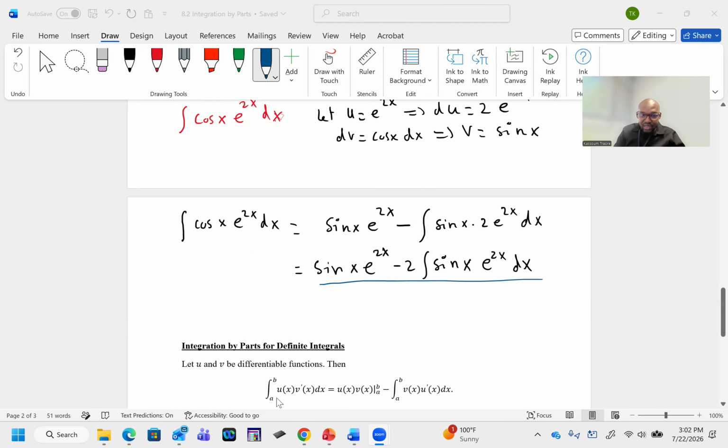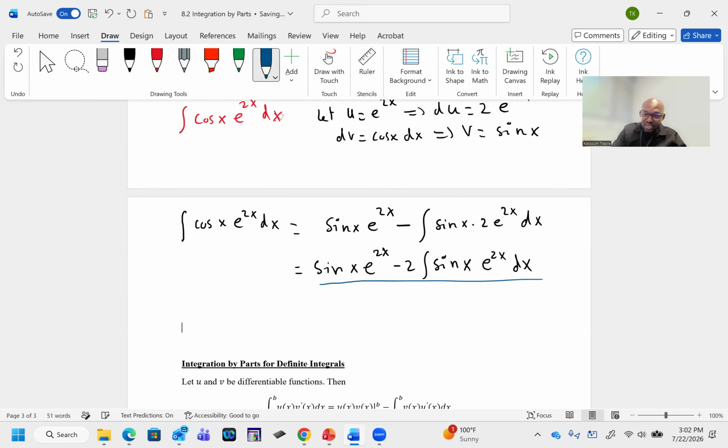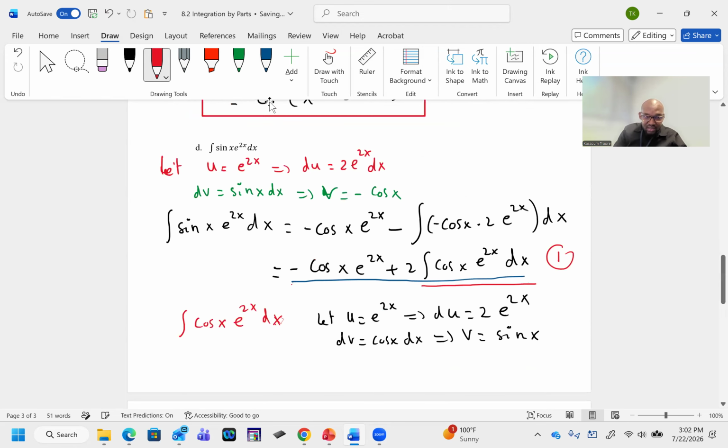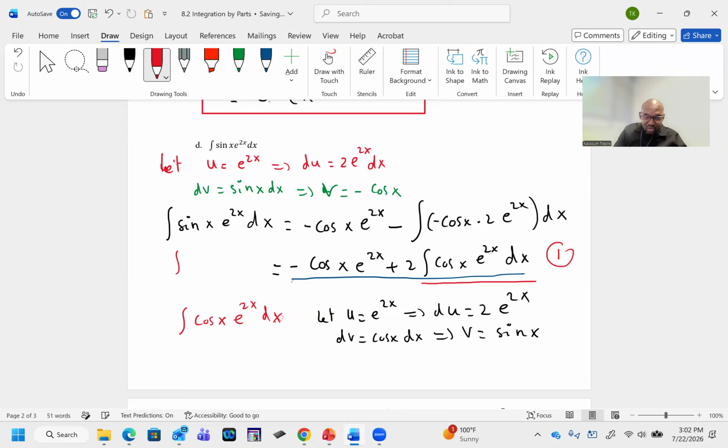Okay, so again, please pay attention. So I'm going to call this one my equation 2. Equation 2 is the integral of cosine of x e to the power of 2x dx. Or equation 1 is what? That's what we are solving. We are solving equation 1. Do not forget, sine of x e to the power of 2x. But we use this, right?